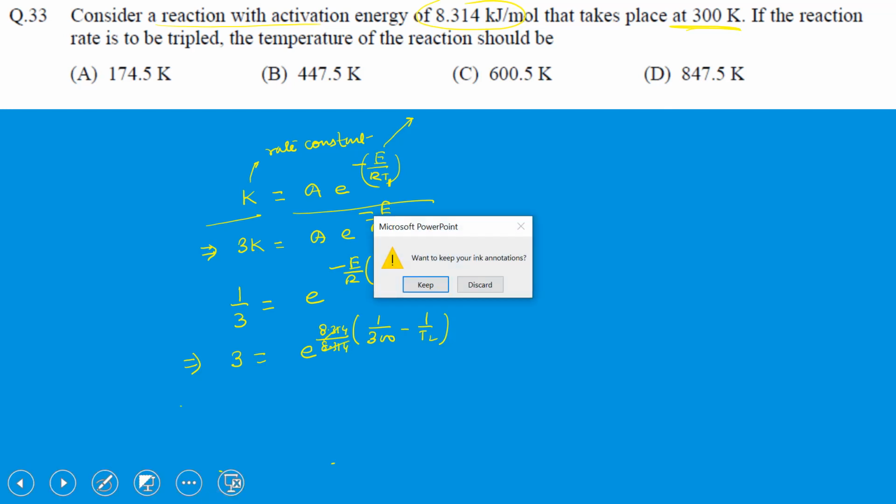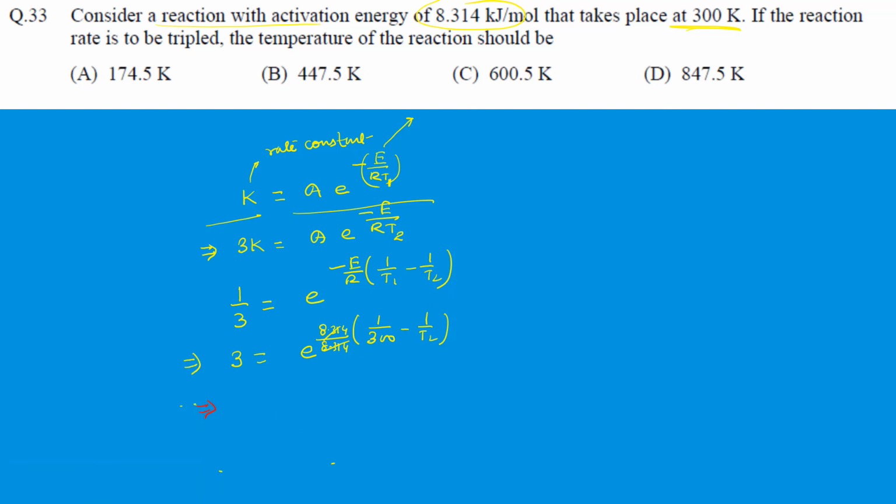Now let us take ln on both sides. So it will be ln 3 is equal to 1 by 300 minus 1 by T2. So 1 by T2 will be equal to 1 by 300 minus ln 3.